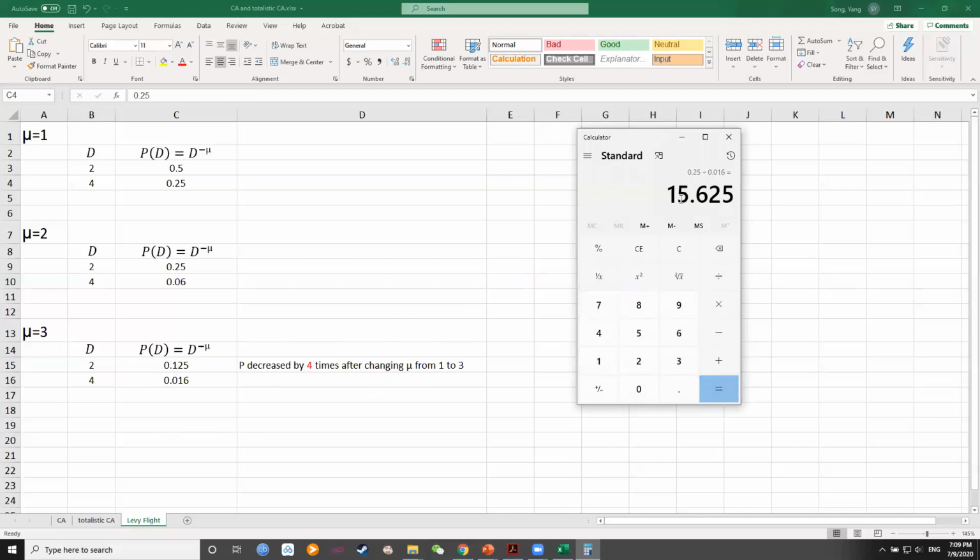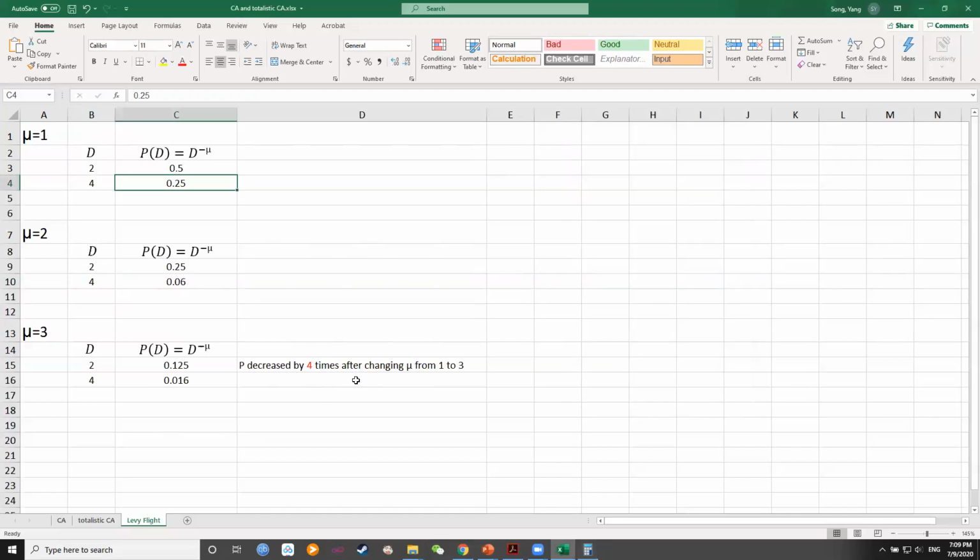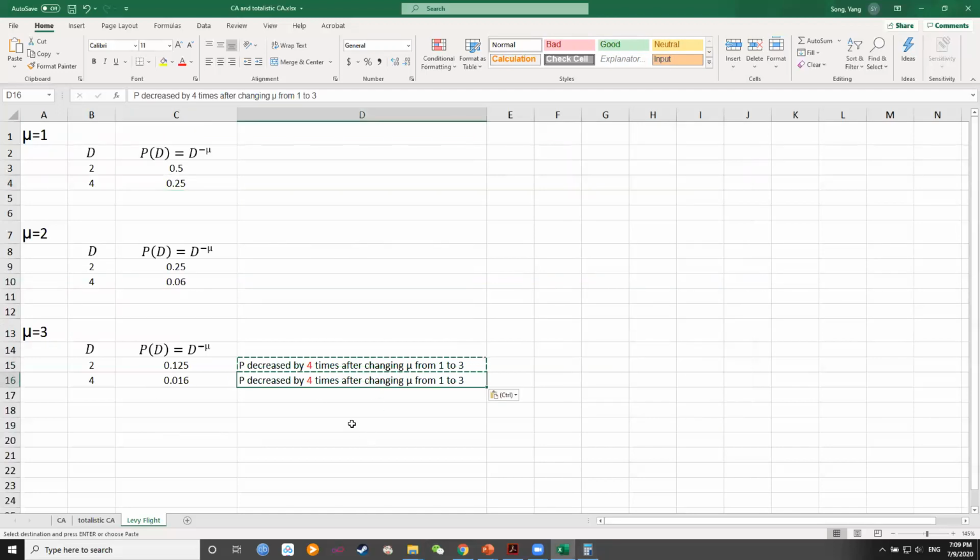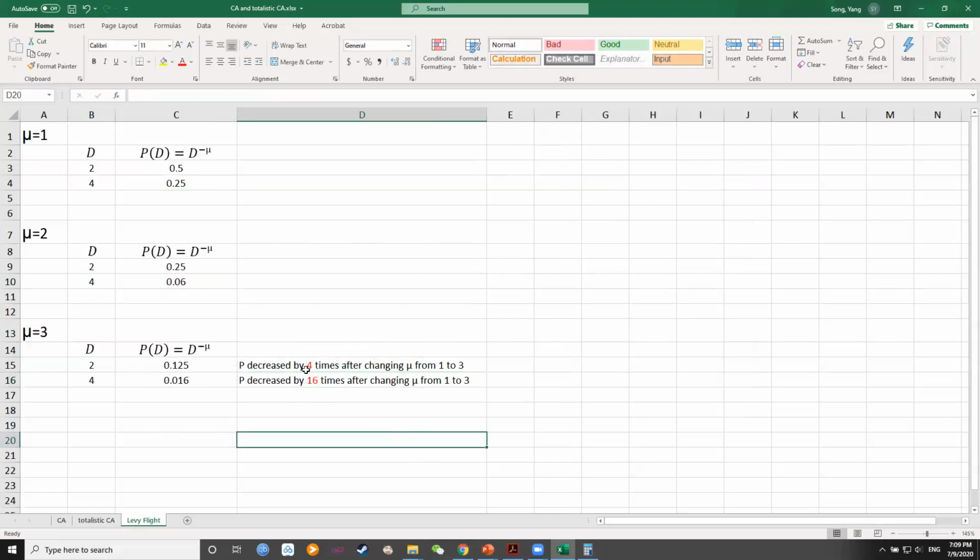Probability decreased by almost 16 times after changing mu from 1 to 3. So you can see that it decreased much more for this longer distance. So it's unfair for longer distance, right? So mu changed from 1 to 3.